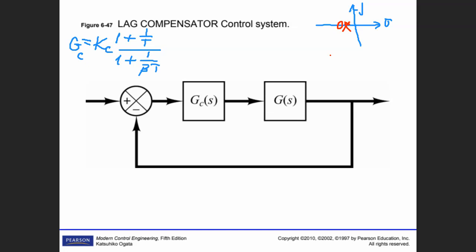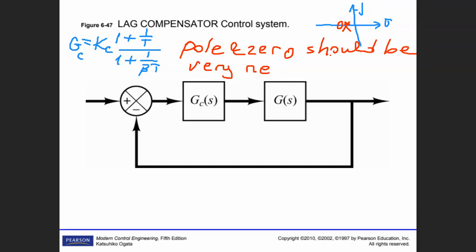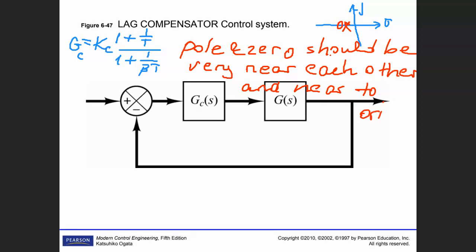Since we are happy about the transient performance, pole and zero should be very near to each other, and near to the origin.